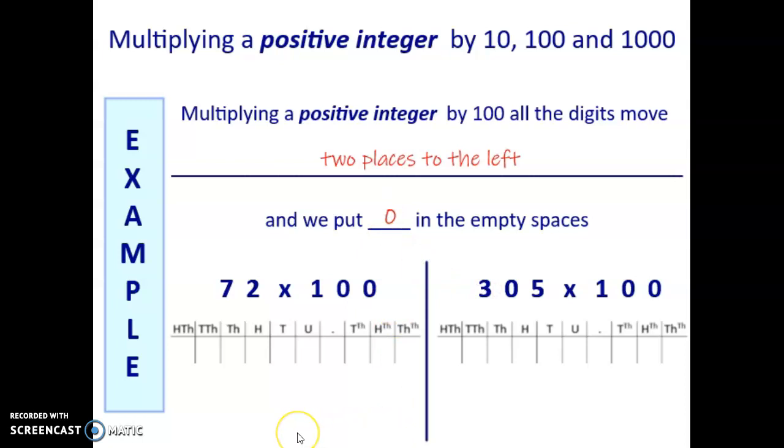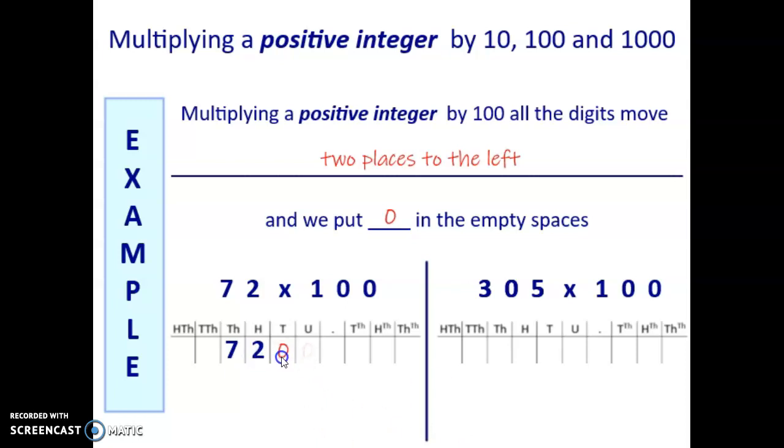So my first number is 72 times 100. If I put my 72 in the right columns on my place value chart, I then move them 2 places to the left. 1, 2. And as I did on the previous examples, I'm going to put the zeros in the empty columns.